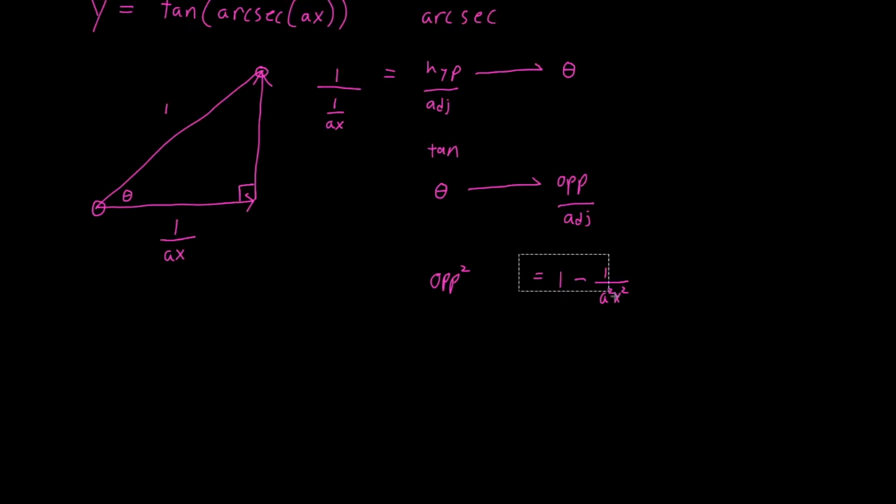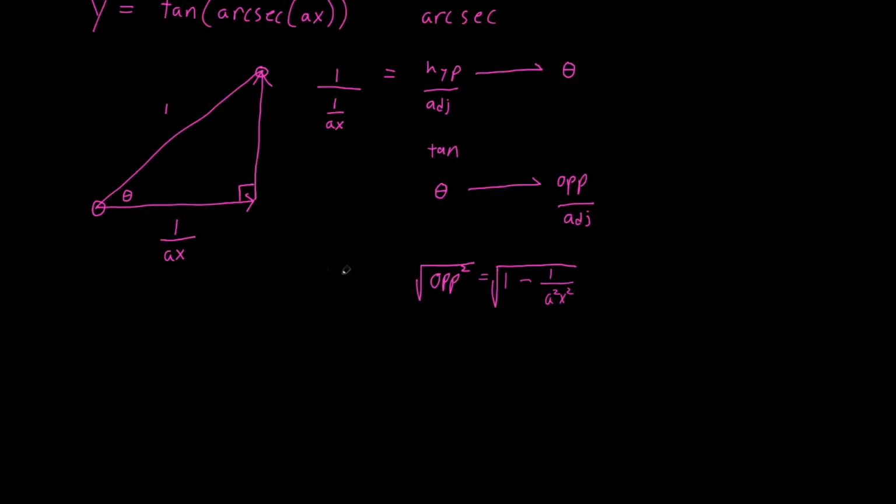Let's go ahead and bring this over. We get opposite squared equals 1 minus 1 over a squared x squared. Take the square root of both sides. And we're taking the principal root for the same reason that we didn't want anything negative in the hypotenuse. The principal root gives us the positive distance.